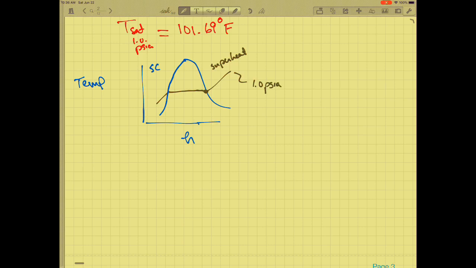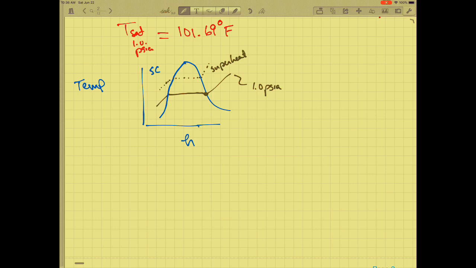If it was 10 psia, we would be up here. I think you all understand that pretty well. So at 1 psia, this point right here is the HF point. This point right here is the HG point.